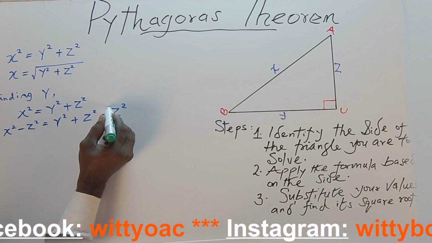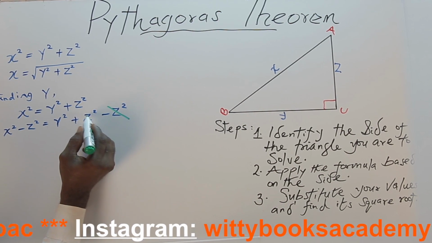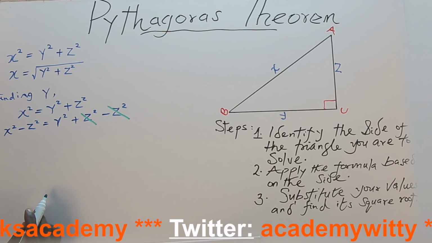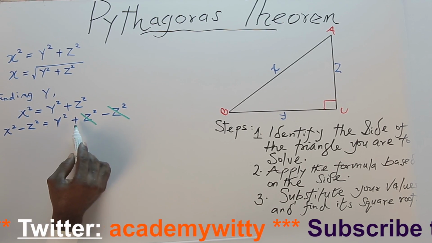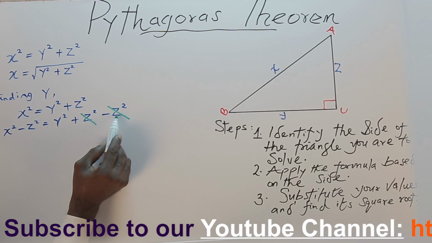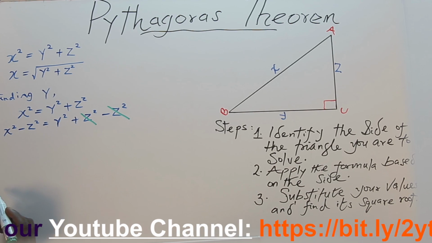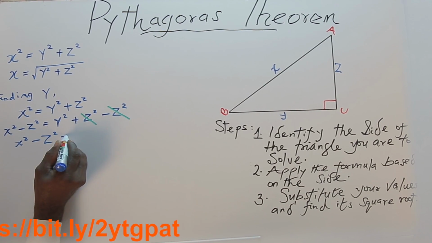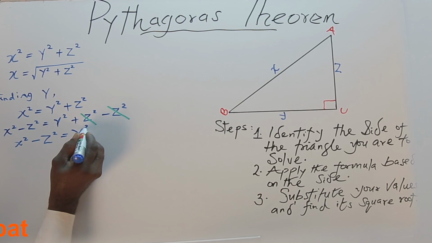That enables our Z squared to cancel the Z squared. So we'll have plus Z squared cancelling out minus Z squared, leaving us behind with X squared minus Z squared equals Y squared.